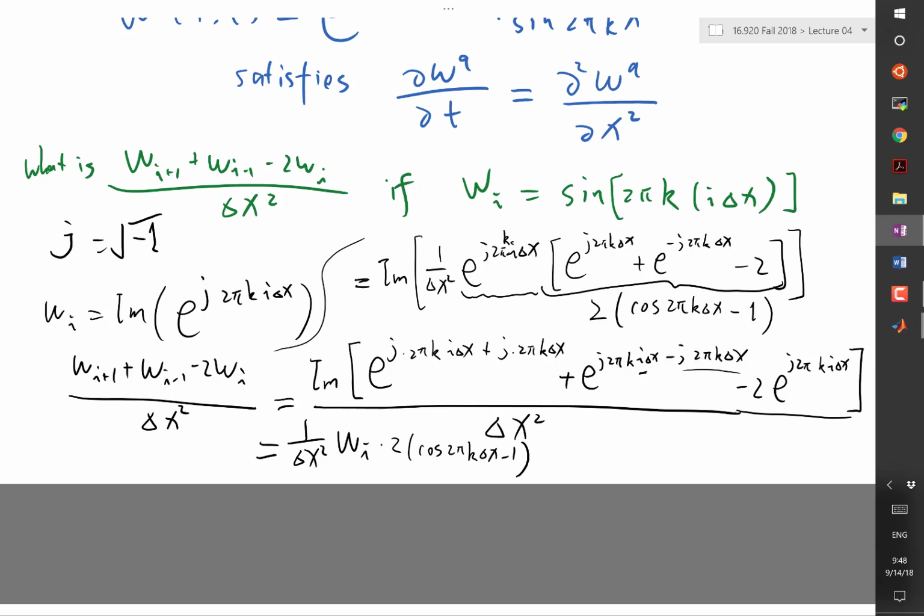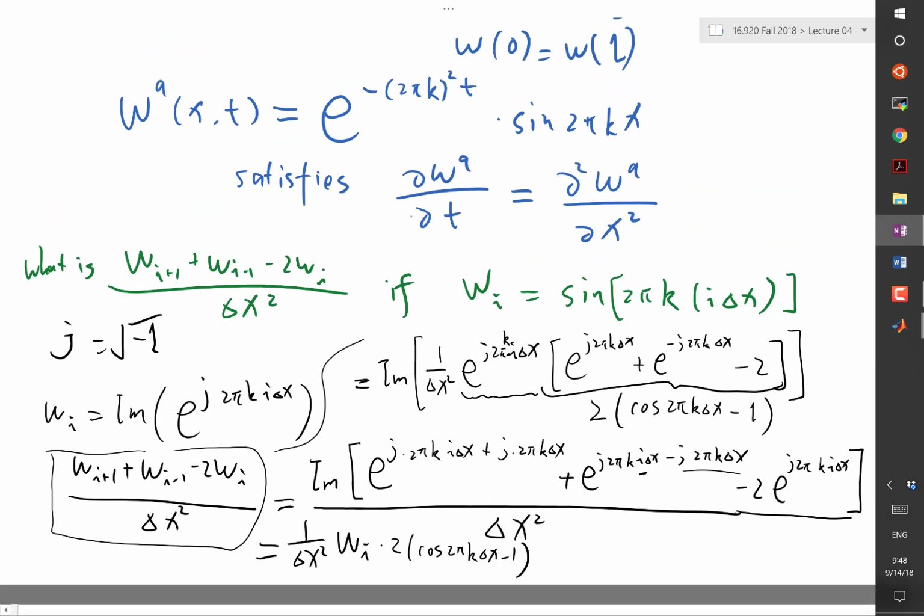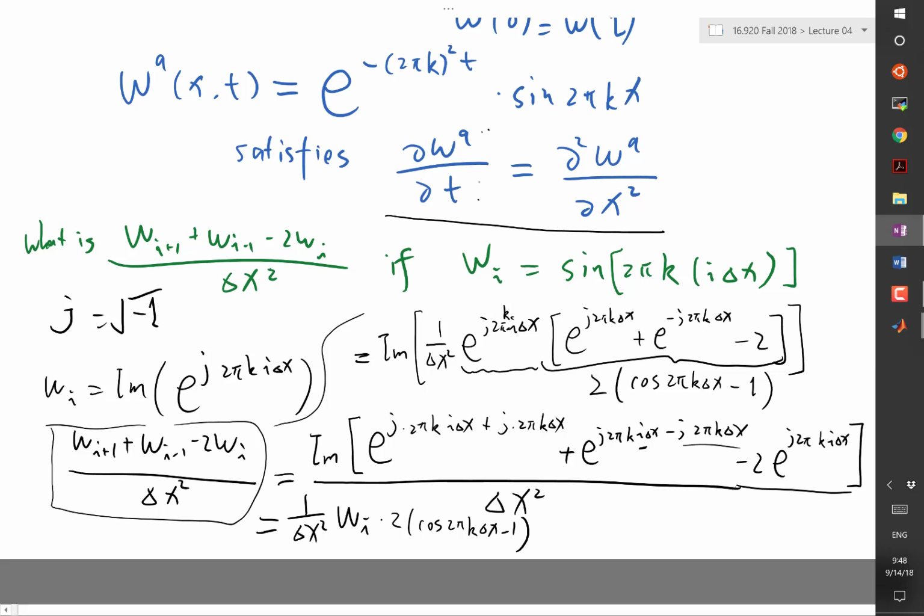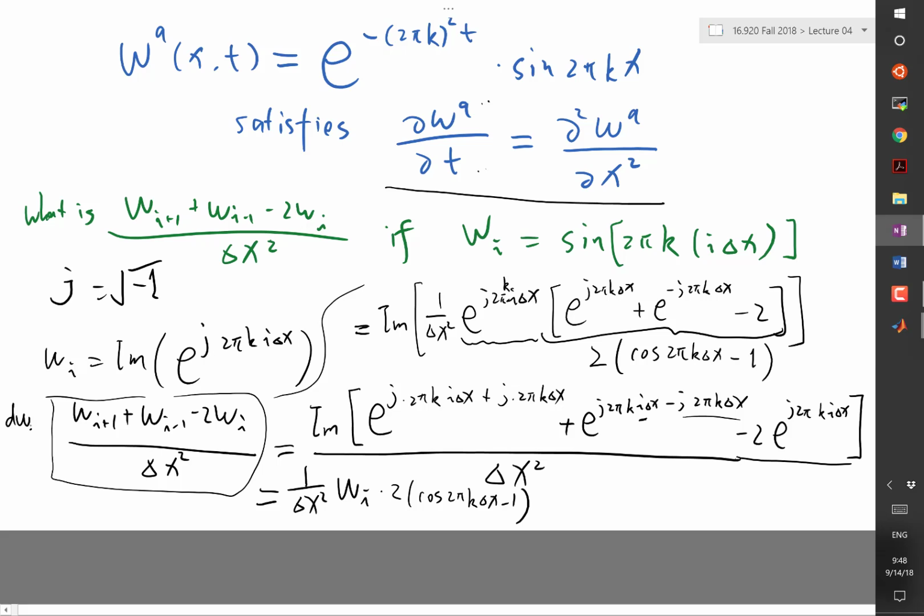The consequence is that no matter if you use a finite difference operator to approximate the differential equation, or you use an analytical derivative, as soon as you plug this into the differential equation, what you get is the derivative of wi. So this is dwi dt, okay, is actually proportional to itself.